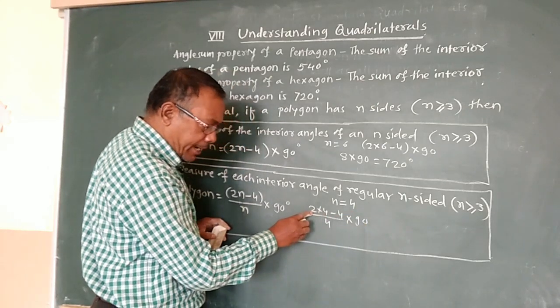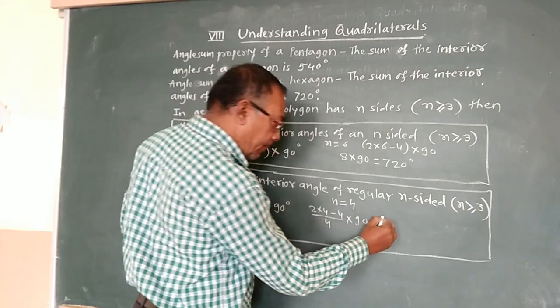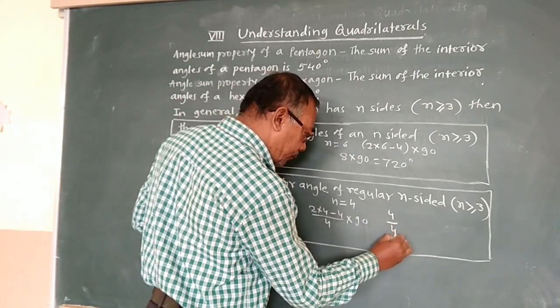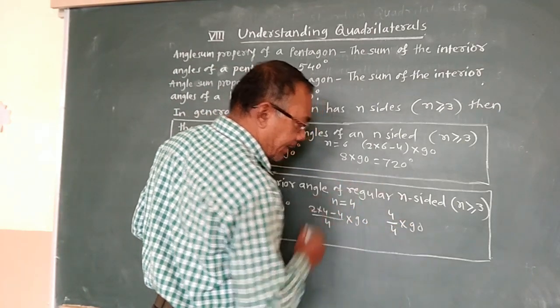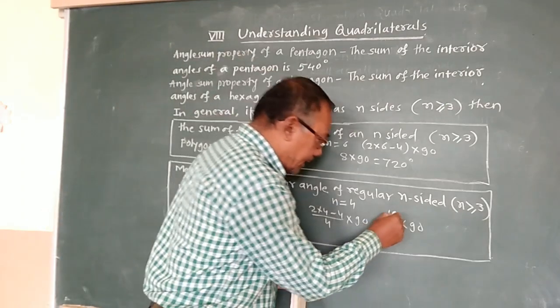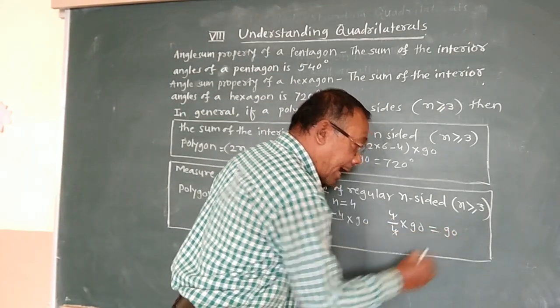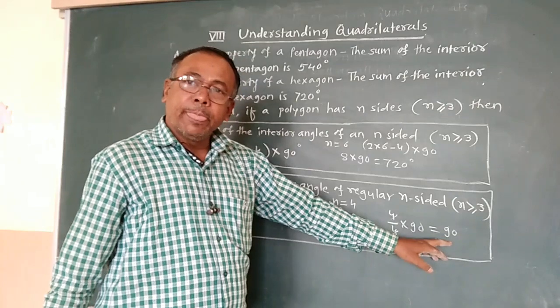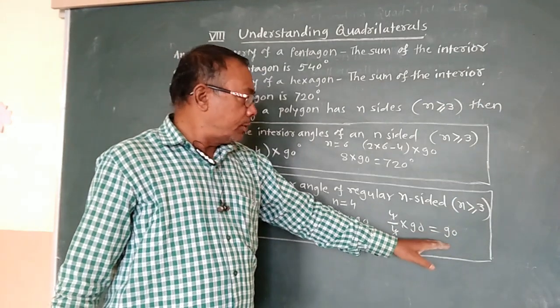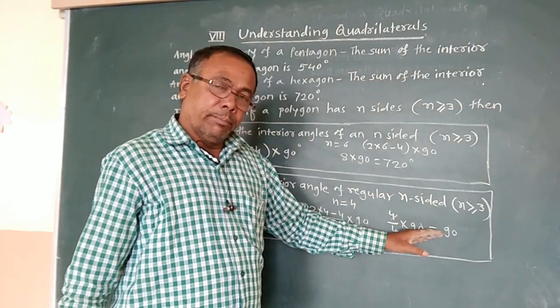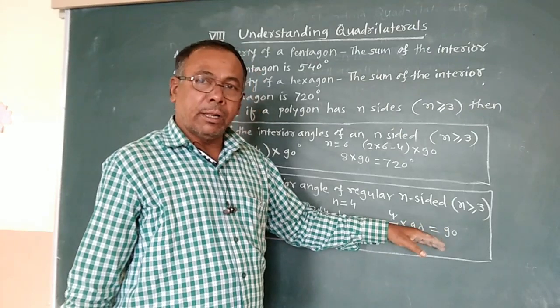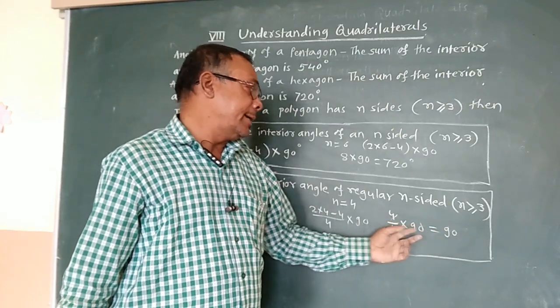Here 2 fours are 8, minus 4 it will be 4, divided by 4 into 90, so 4 will get cancelled, and the measure of each angle is 90 degrees, and we know that the measure of each angle of a square is 90 degrees.